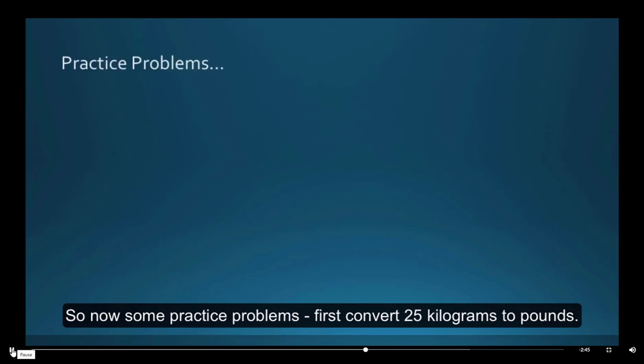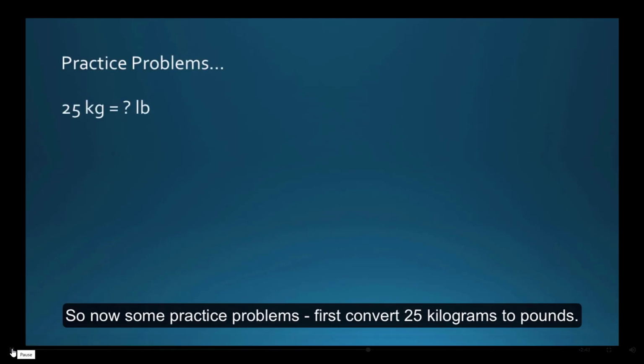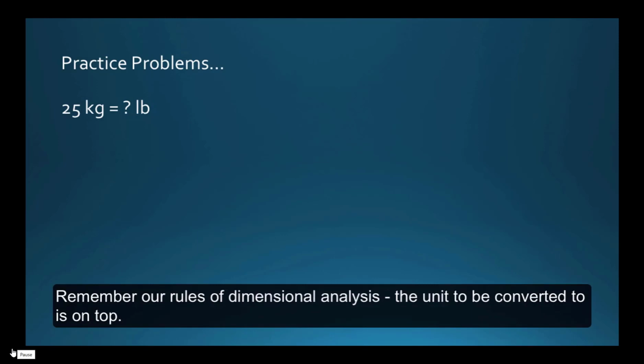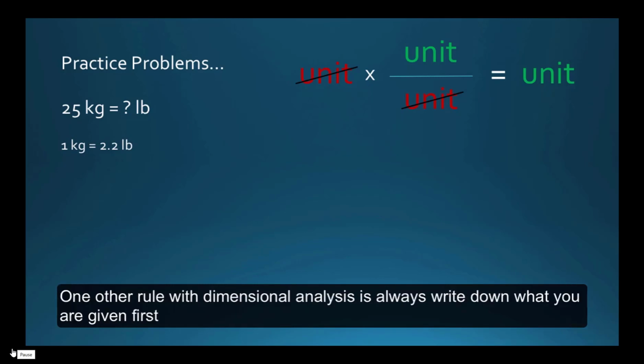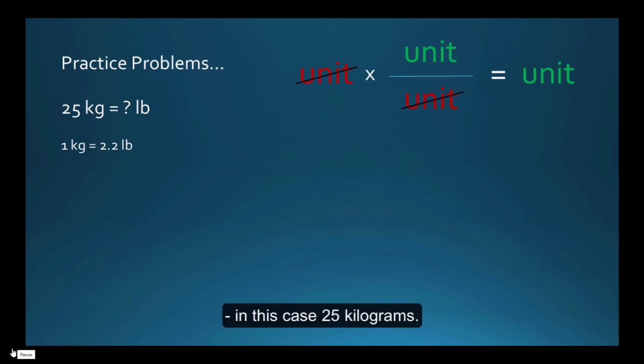So now some practice problems. First, convert 25 kilograms to pounds. Remember our rules of dimensional analysis. The unit to be converted is on top. The conversion factor you will need to solve this problem is that 1 kilogram equals 2.2 pounds. One other rule with dimensional analysis is always write down what you are given first, in this case 25 kilograms.